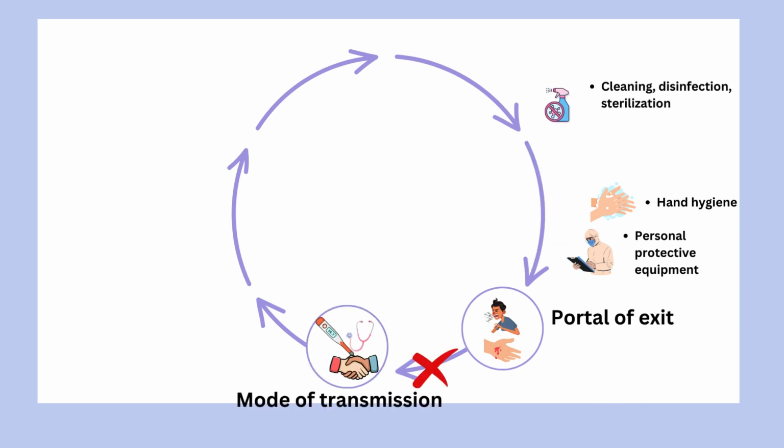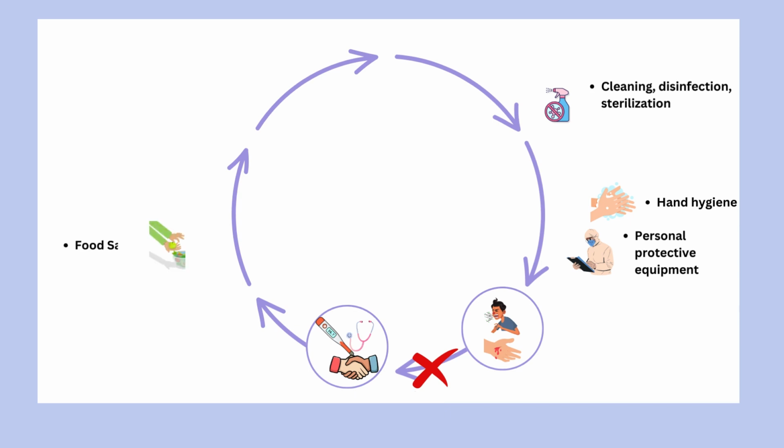As a next step, to prevent transmission, in addition to hand hygiene practices, the proper use of PPE, and cleaning and disinfection of objects, food safety is also one of the preventive measures for food and waterborne disease. This includes ensuring proper handling, cooking, and storage of food to minimize the contamination risk. Regular hand washing and surface cleaning while preparing food are essential practices.